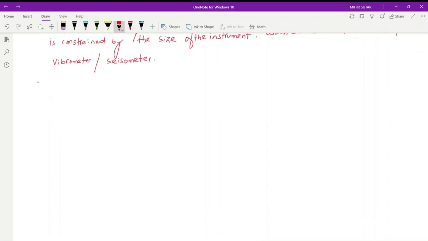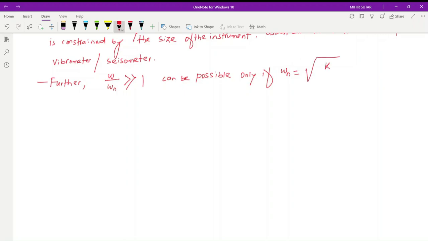Further, we can write when omega by omega n is greater than, or a comparatively larger value than 1, it can only be possible if the value of natural frequency omega n, which is root over k by m, is low.